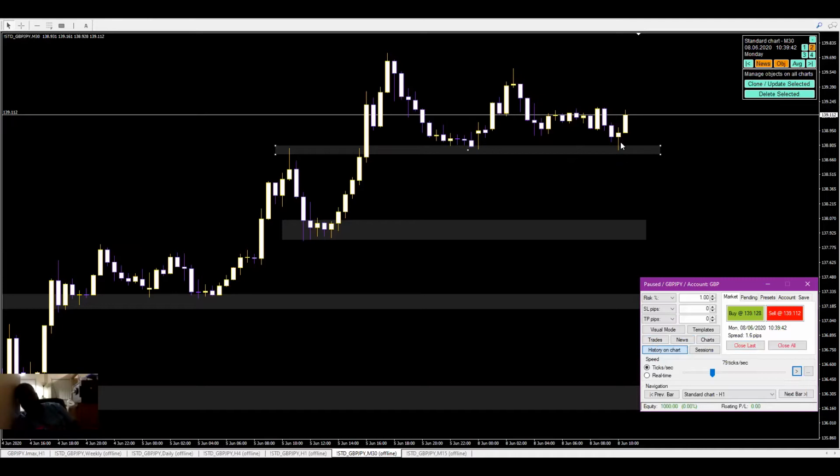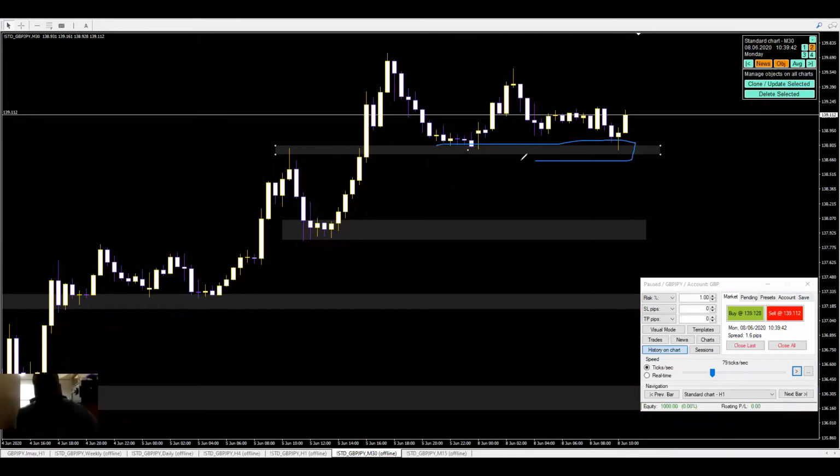Now, that doesn't mean this can't keep moving back up. The market does what it wants to do, but you always have to anticipate moves and understand both sides of them. So this would have been a successful move up had we seen that price was rejecting this support area with this candle right here.